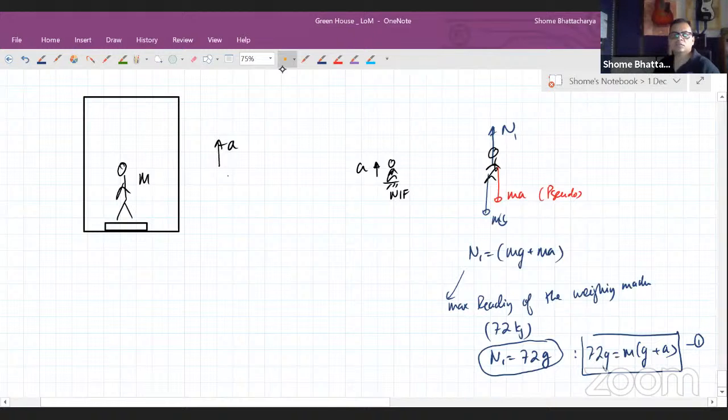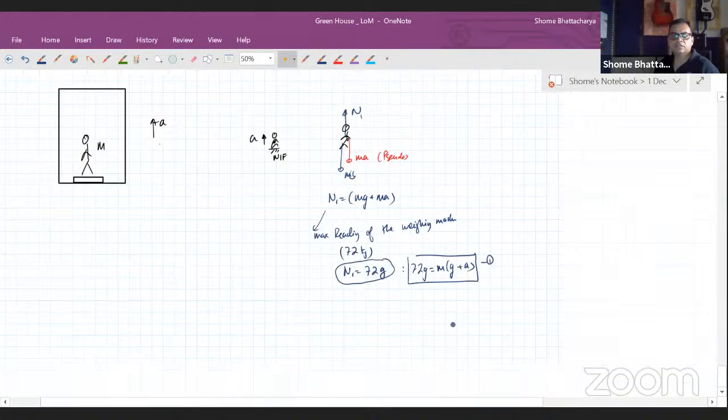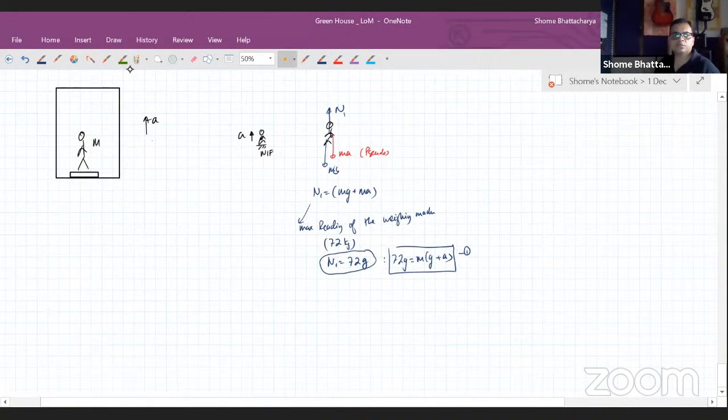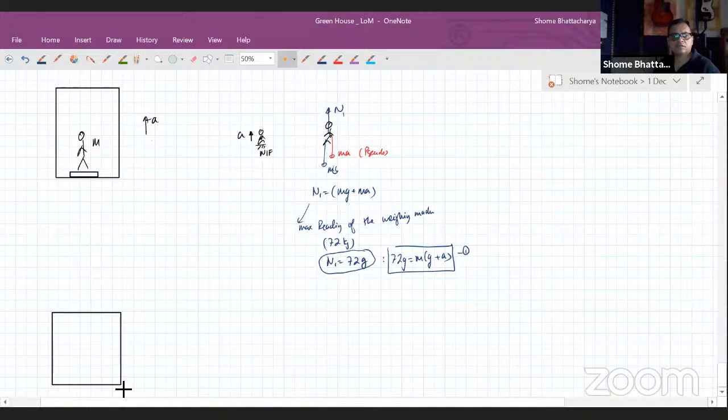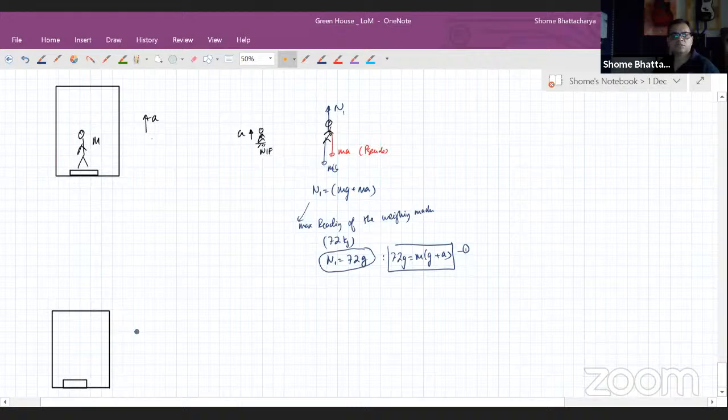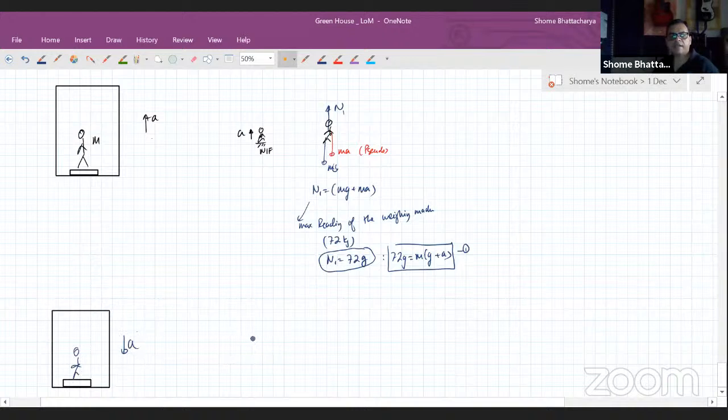Now similarly, at a point of time when the elevator is decelerating while going up, but with the same magnitude of acceleration, the pseudo force acting on his body is acting upwards. So same situation for him, he's standing inside, but this time it's accelerating downwards, or it's decelerating with the same magnitude. So this time the non-inertial frame will apply an upward pseudo force on his body.